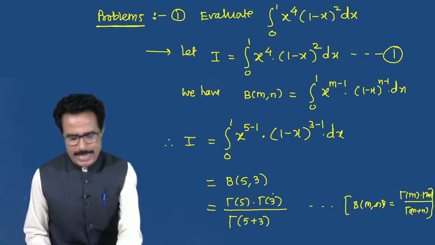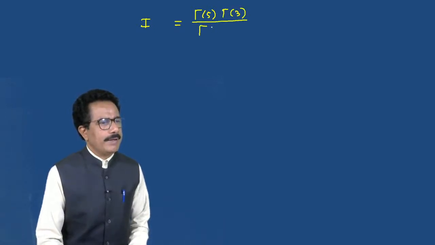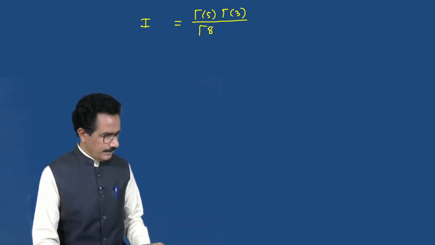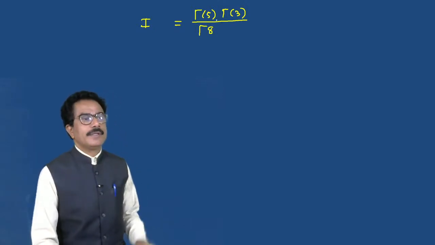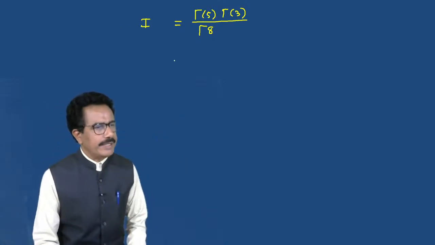Now calculate this. I is equals to gamma 5 then gamma 3 divided by gamma of 8, and we know that gamma n means n minus 1 factorial.